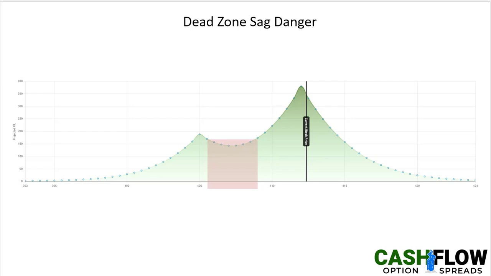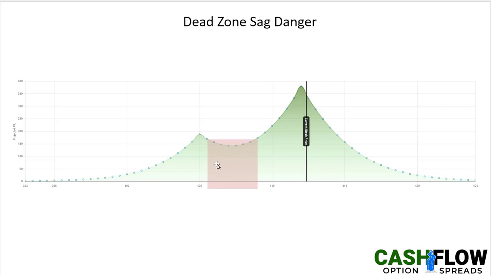It could either raise the dead zone or it could drop the dead zone. But on the outside, if the market moves down, then the worst thing that can happen is everything expires worthless and I make $2. On the upside, the worst thing that can happen is all of the extrinsic value goes away from the long options, at which point I make $2. Okay, so that's how the math works.